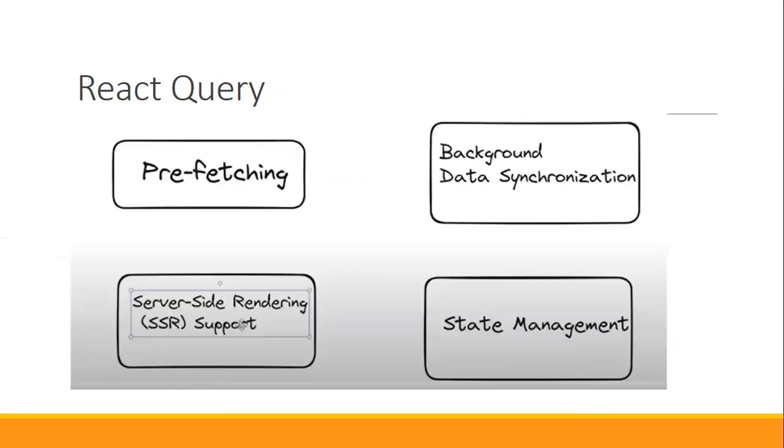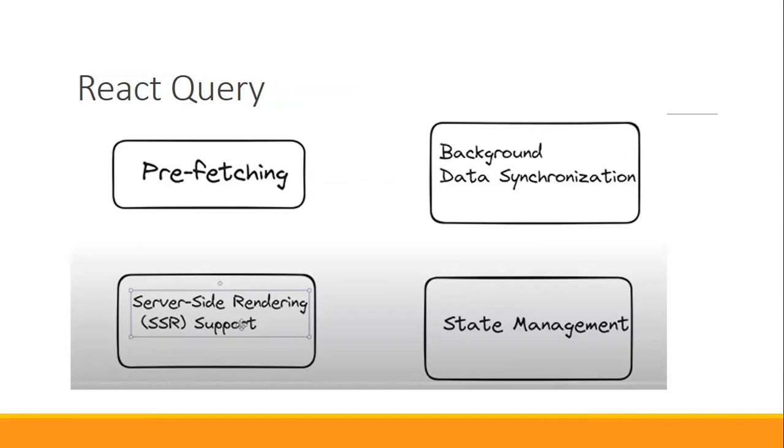So next, what is available? Prefetching. So you are not using that particular data yet, but prefetching is available. Background data synchronization: whenever the data is updated at the server side, that data gets reflected. Server side rendering support is there.